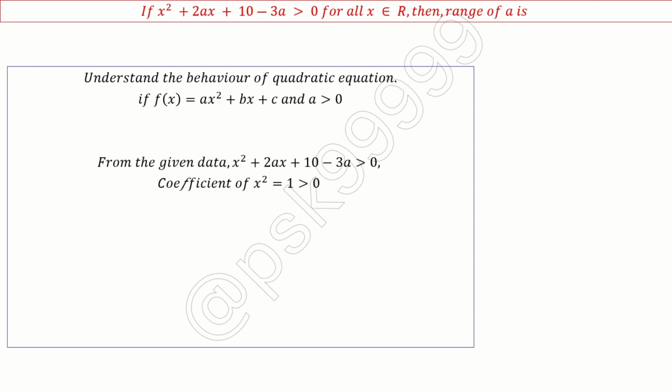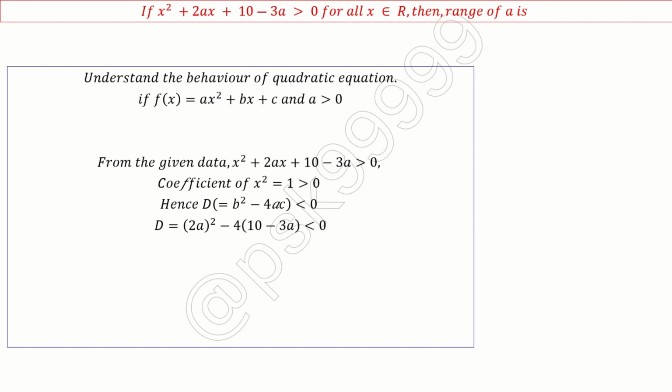So from the given data, x square plus 2ax plus 10 minus 3a is greater than 0. The coefficient of x square is 1, which is greater than 0. Once you know this, the discriminant is less than 0. So take the discriminant.